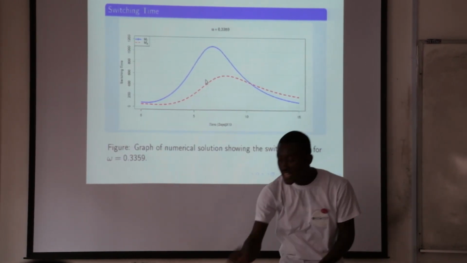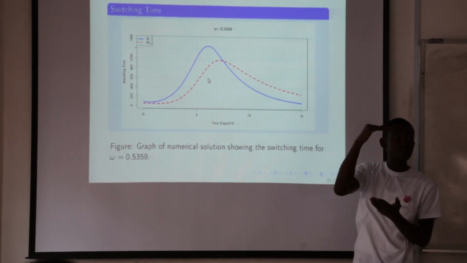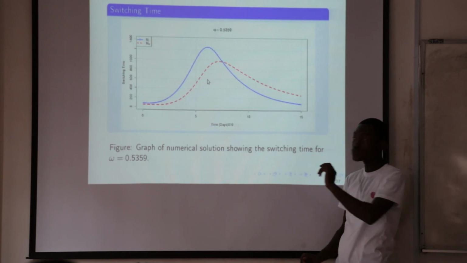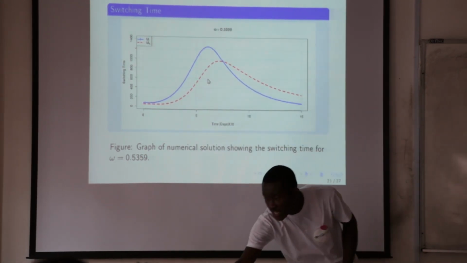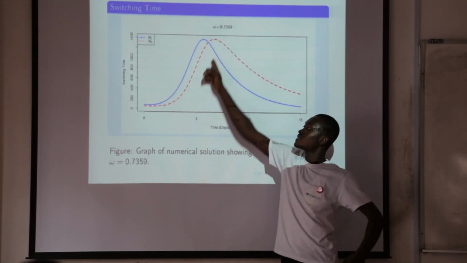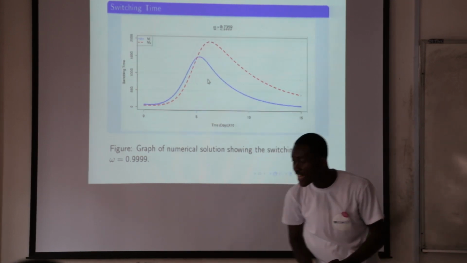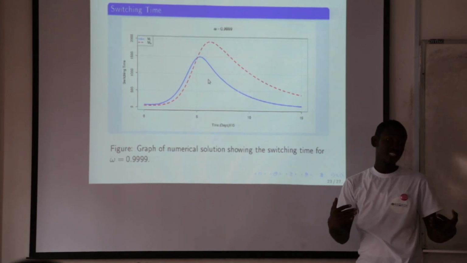But if we increase omega to say 0.5, that is if the strength is increased, then the days to cure that individual begin to what? Begin to reduce to say 70 days. Now if omega is further increased to 0.7, we realize that the days are also being reduced. And when we further increase it to 0.9, we realize that it's taking at least 50 days.